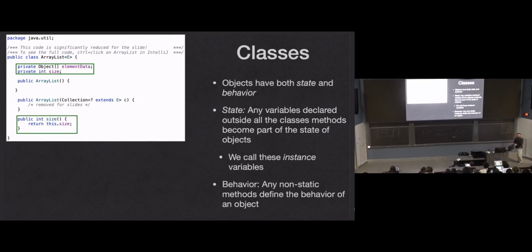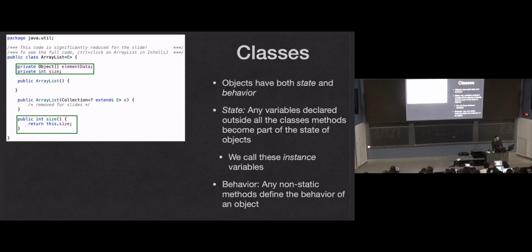Classes, or rather objects, have state and behavior. An object is basically a container that contains state and behavior. Our state is variables, which we'll call instance variables when they're part of an object, and behavior, which are all the non-static methods of the object.